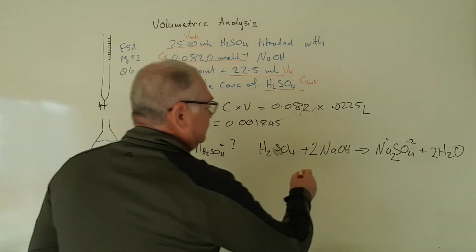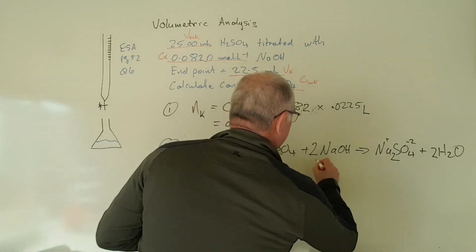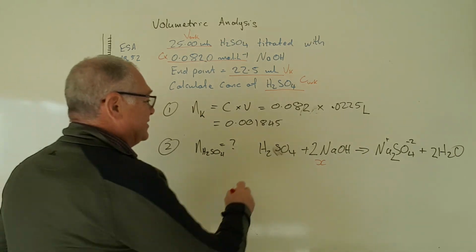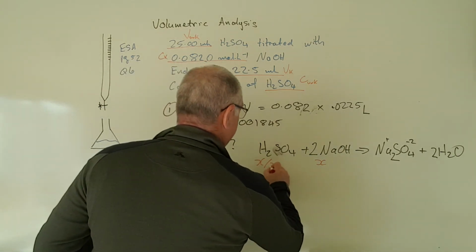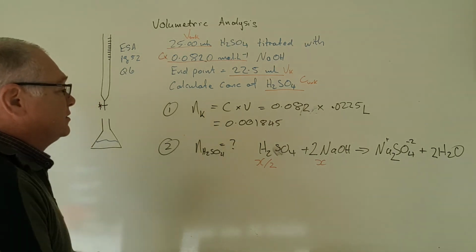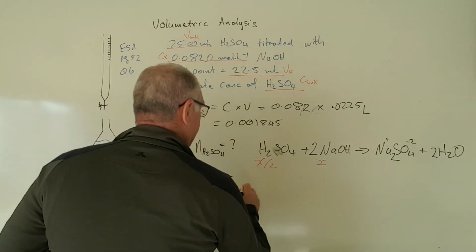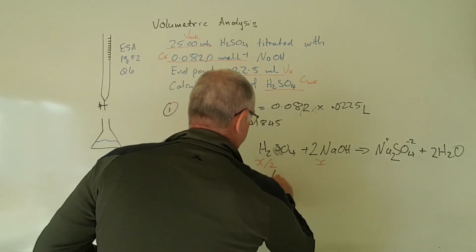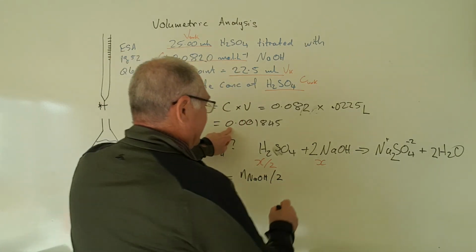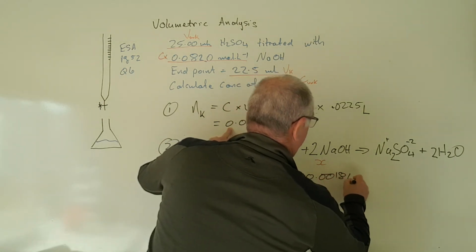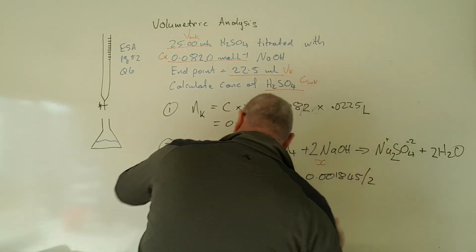If I have X amount of sodium hydroxide, I have X over 2, half the amount of sulfuric acid. So my moles of sulfuric acid is going to be my moles of sodium hydroxide divided by 2. So it's this number here, 0.001845 divided by 2.